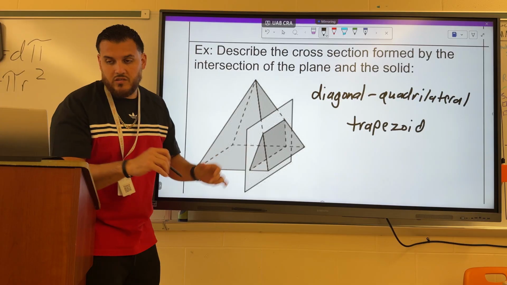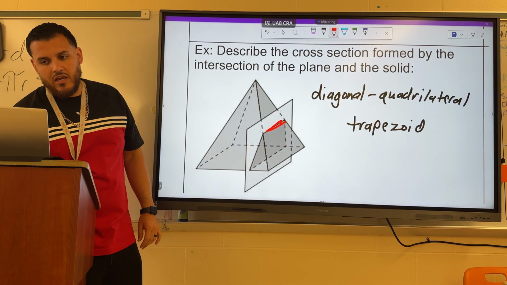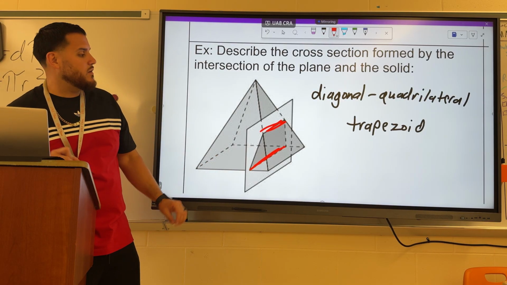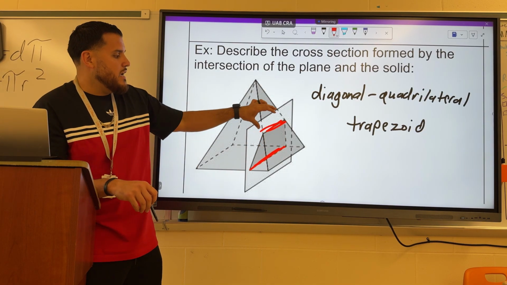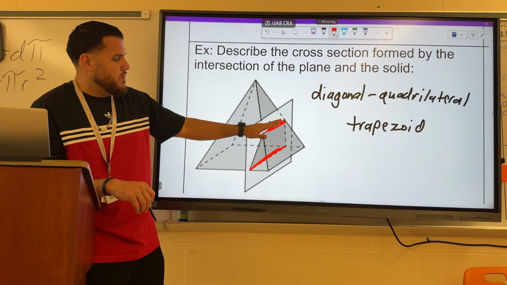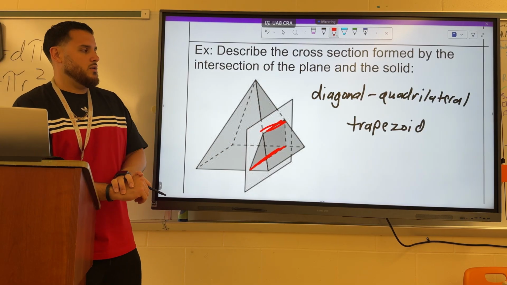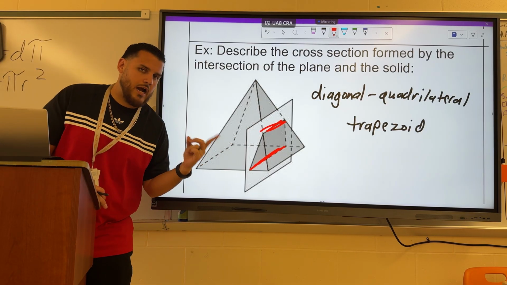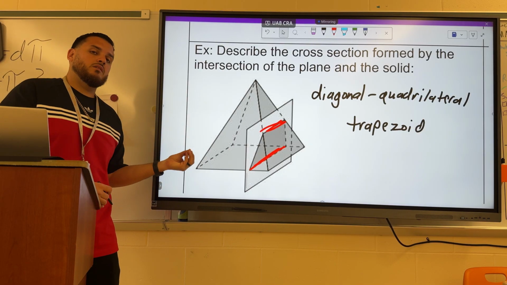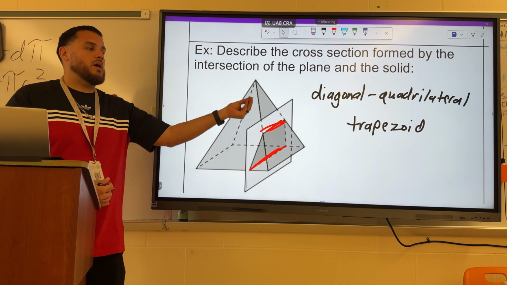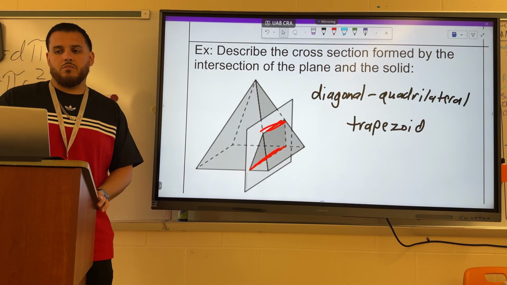So it's safe to assume that this distance right here is not the same as this one, that length is not the same as the one at the bottom, and therefore it might be a trapezoid if these are parallel to each other. So again, it's just looking out for the options if you're taking a standardized test. Otherwise, if we have to be as exact as possible, we can only say quadrilateral for an example like this.